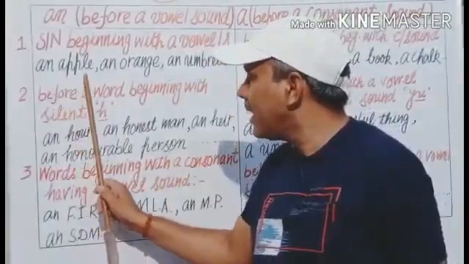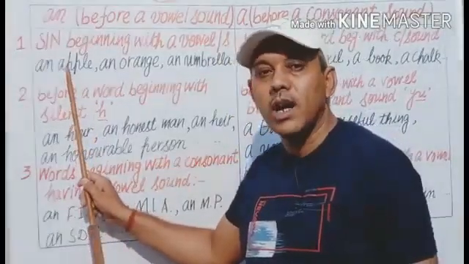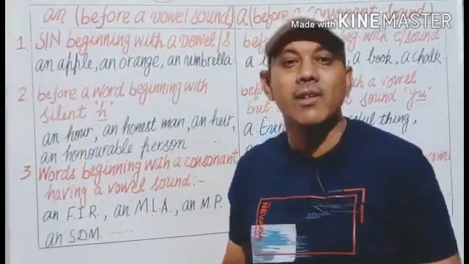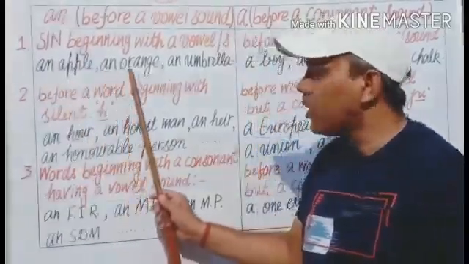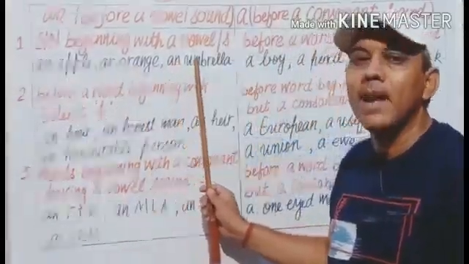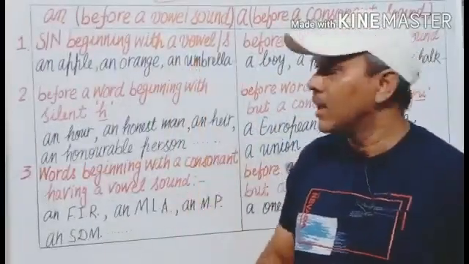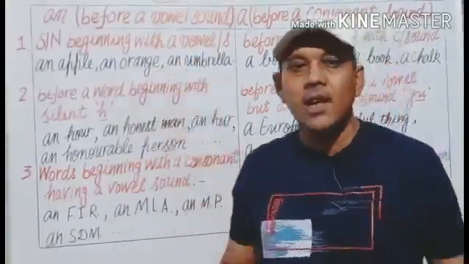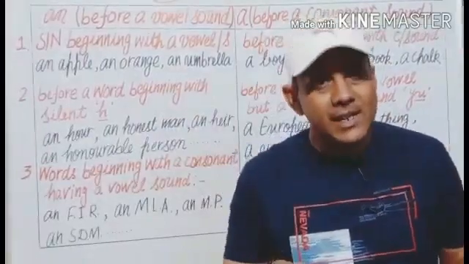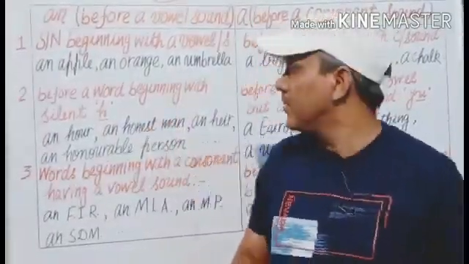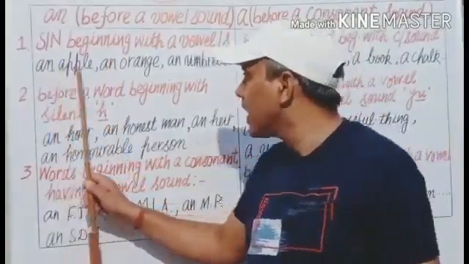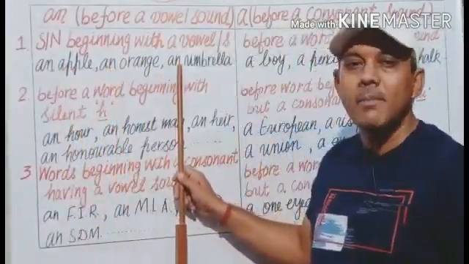This word apple begins with the sound A, which is a vowel sound. An apple, an orange, an umbrella, like this. These words begin with a vowel letter as well as a vowel sound. That's why we use AN before them.